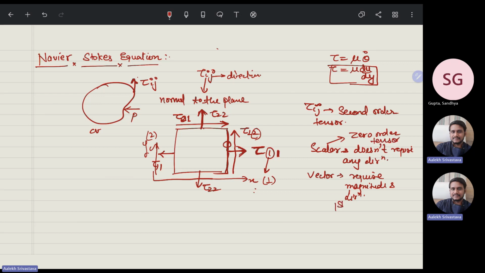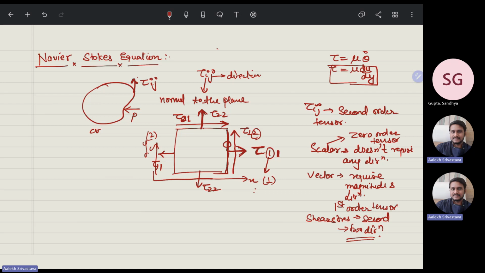Vector is the first order tensor, and the shear stress we discussed here is a second order tensor, because it requires magnitude as well as two directions: the surface on which it is acting as well as the normal direction. So it requires two directions. So this is what we call shear stress.